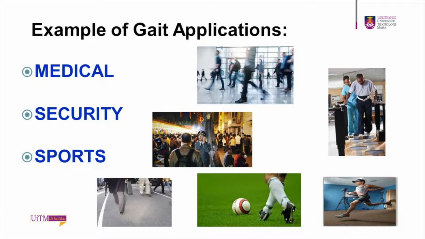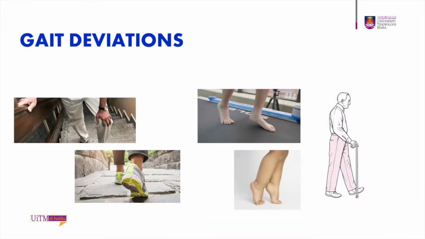These are examples of gait applications at the moment, which comprise medical, security and sports performance. So let's see what gait deviation is all about, and what causes it. One cause is pain, weak muscle, abnormal muscle activity, abnormalities in our joints, or contractures around joints, and discrepancies in limb length.